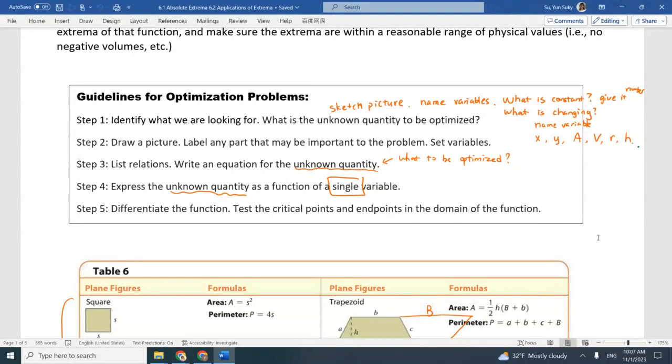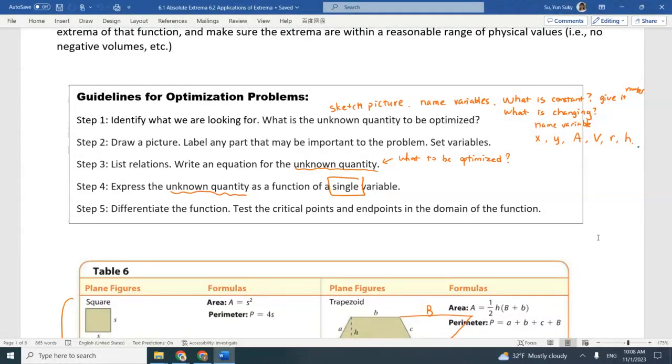Then you can differentiate, find the critical points, and then find a domain, draw the table, increasing, decreasing. Then this is a max. If you have decreasing and increasing, this is a min, exactly. And then at the end, you check your answers. So if you get something like negative area, then you know, oh, something's wrong, right, everybody?